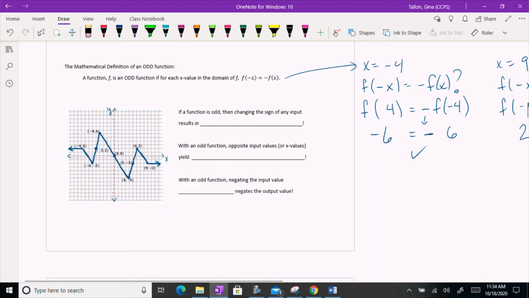If f is an odd function, then changing the sign of any input value results in what? So if I change the sign of the input value, so instead of f of x, I pick f of negative x, what does that do to my f of x? And you see this minus sign that's right on the outside of it should tell you that it's going to change the sign of the output.